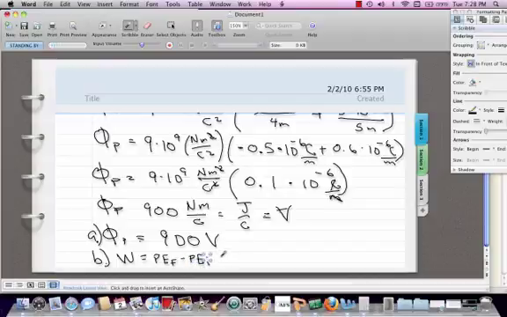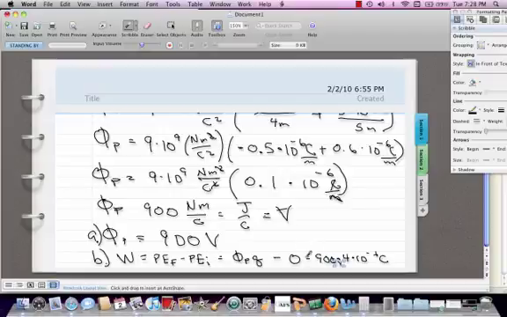The final is phi P times the charge, and then minus the potential energy initial, since it was at infinity, that's going to equal 0. So we just have 900 times 4 times 10 to the minus 6 coulombs, and this is volts.